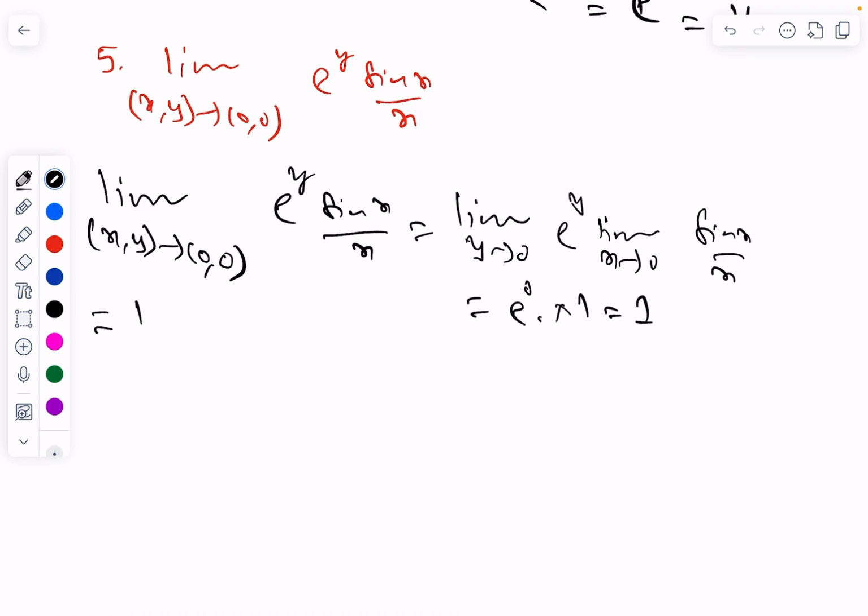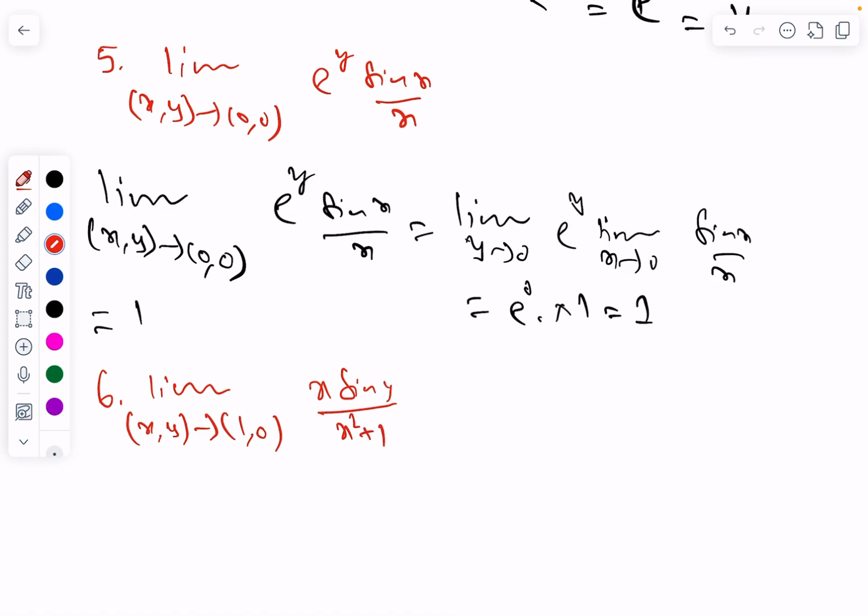We can have next: limit (x, y) tends to (1, 0) of x sin y over x square plus 1.